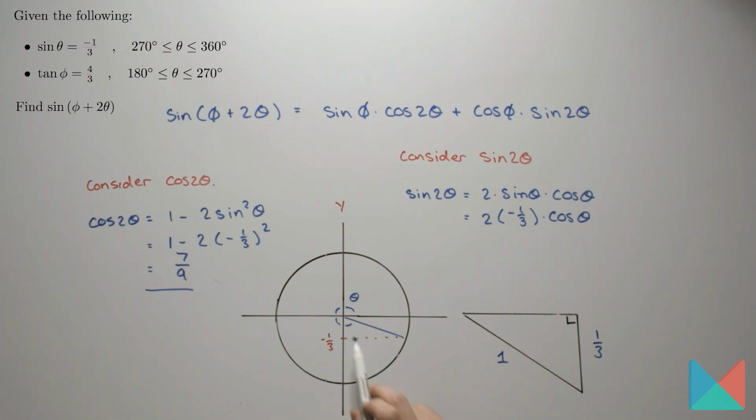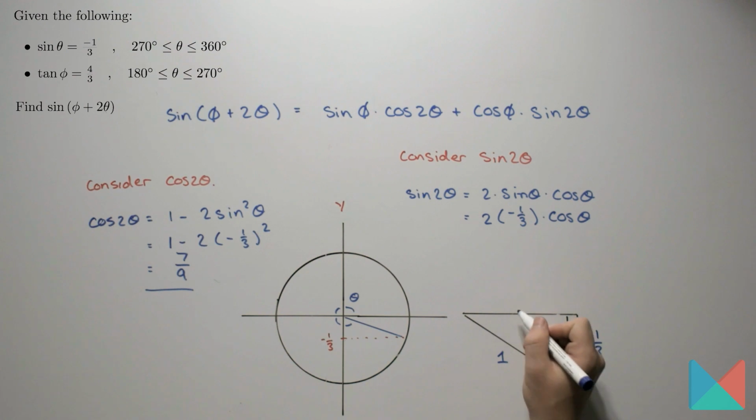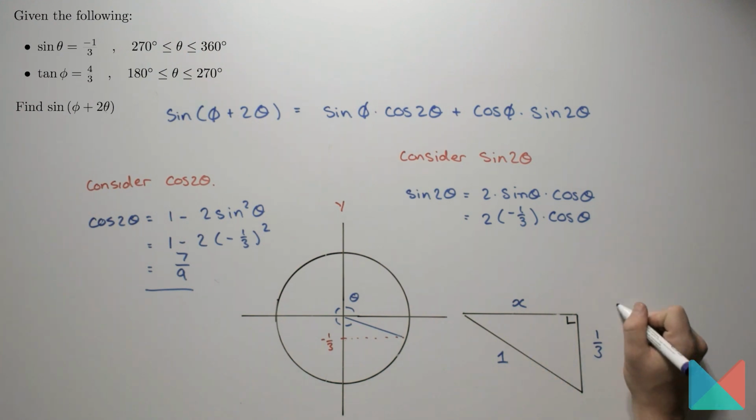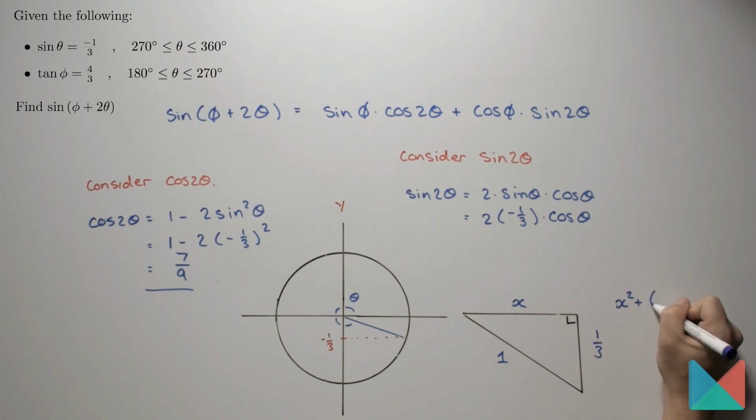And what we're trying to find is how far we go along the x-axis, so we're trying to find this length here. We can use the Pythagorean theorem to solve for x. So we get x squared plus our height here, 1/3 squared, is equal to 1 squared, our hypotenuse, which is just 1.